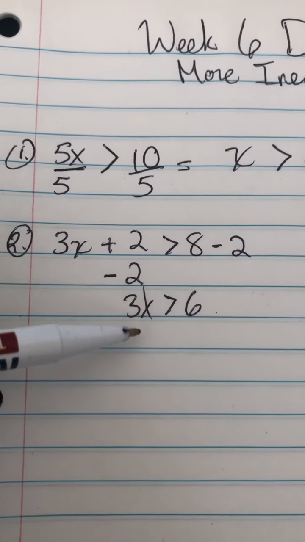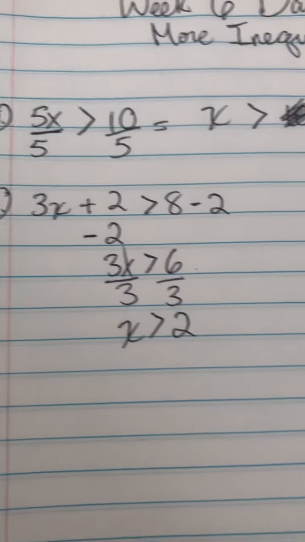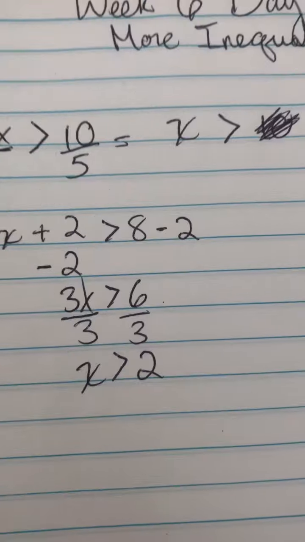And that's going to give us 6 and then 3x. And just like we did in this problem, we're going to divide by 3 on both sides. And it looks like we're going to get x is greater than 2 yet again. So that would be C.